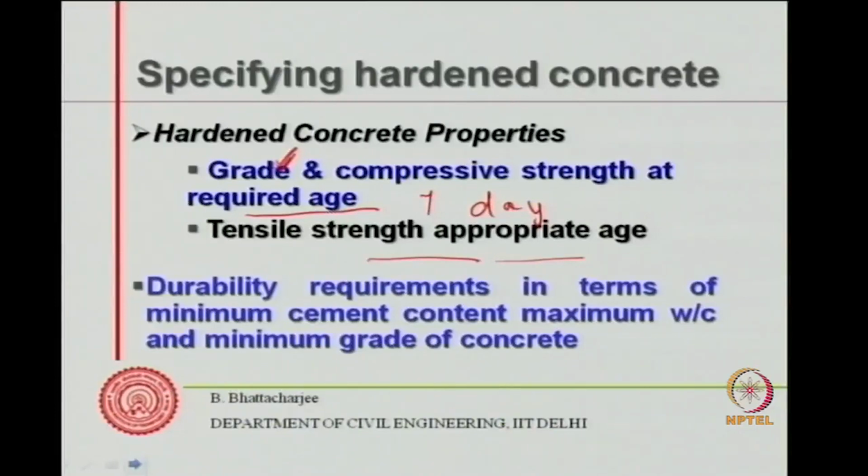Although at the moment most of the codes don't quantify the durability in terms of, let us say, service life, we understand durability is a property related to its endurance to various kinds of exposure conditions. And our understanding in a quantitative way of this durability property is limited.